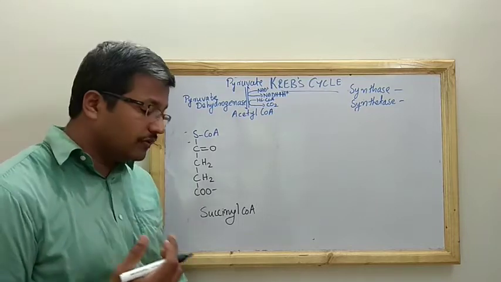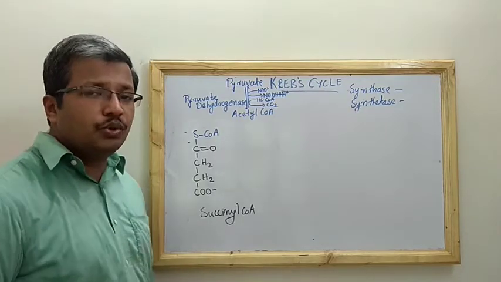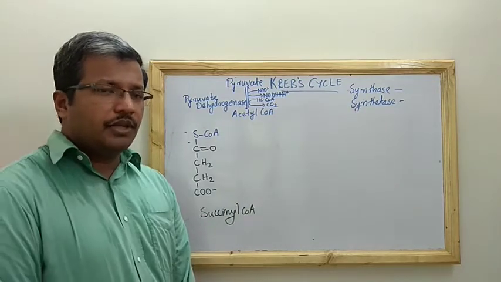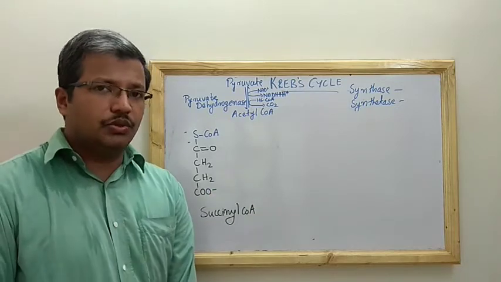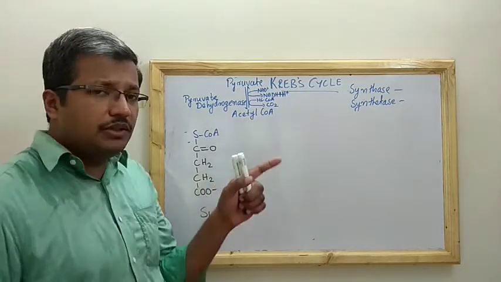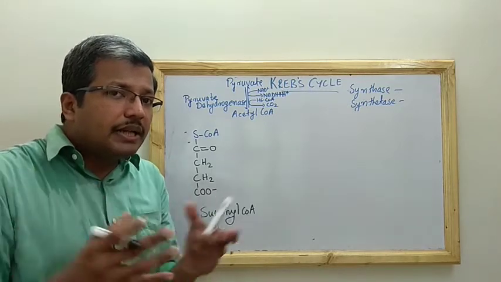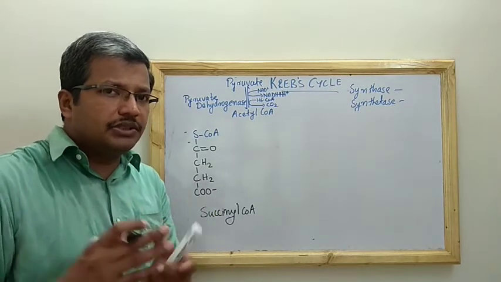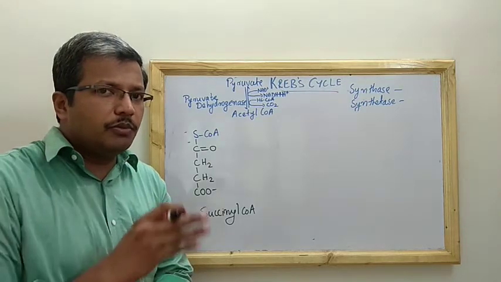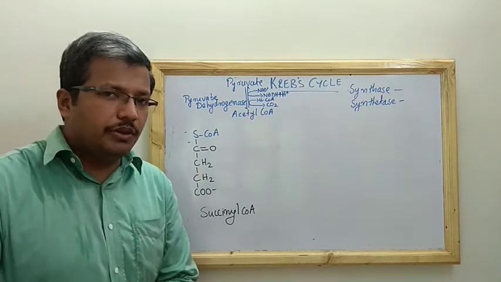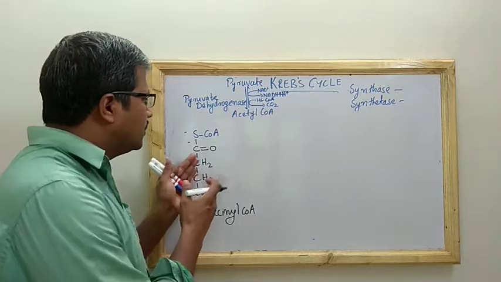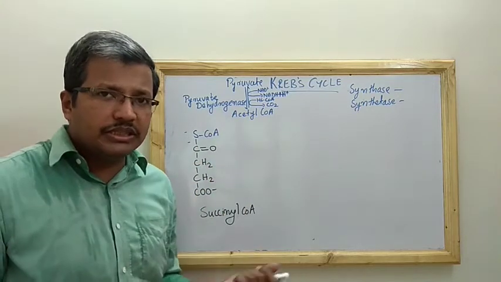When there is release of energy, that should be utilized or that should be stored. Here the release of energy is not stored. In the earlier step, acetyl coenzyme A and oxaloacetate, that energy is utilized for combining both and forming citrate. Hope you remember, that concept I have told. Here there is no combination of molecules.